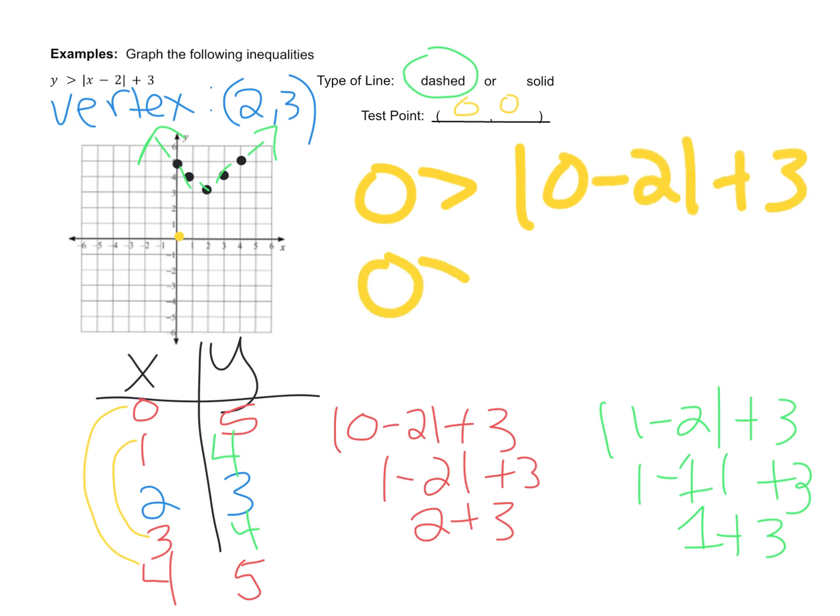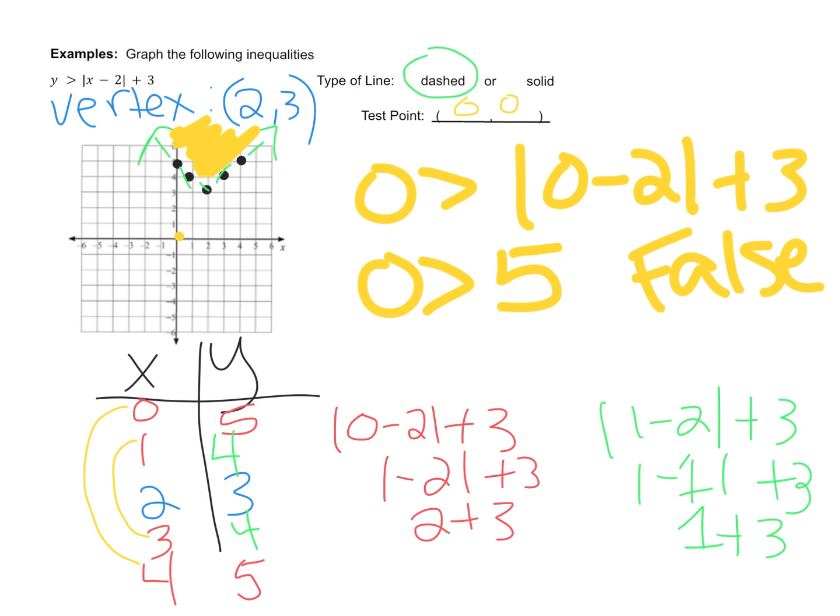So 0 is greater than, we've already done that calculation and figured out it's 5. 0 is not greater than 5, it is false, which means that that point is not a solution. So I'm going to shade everything inside of the V, and that would complete my graph.